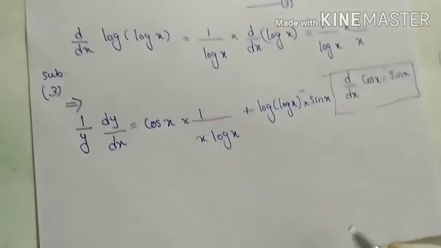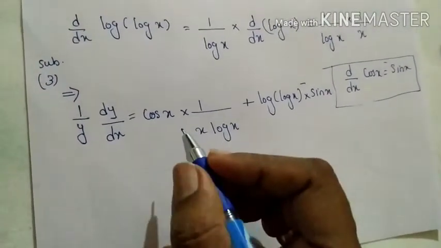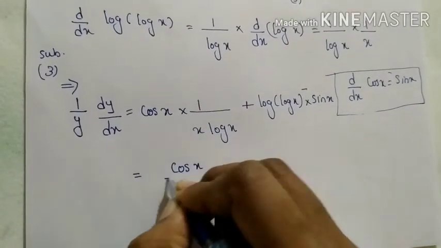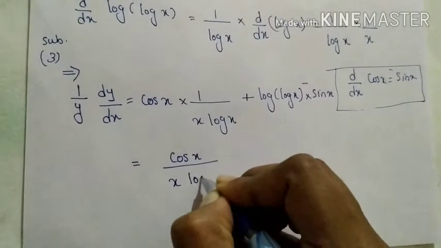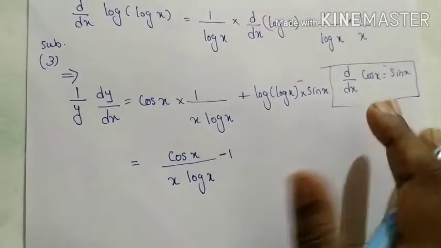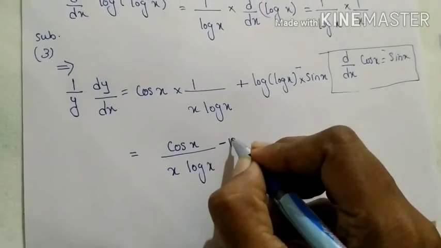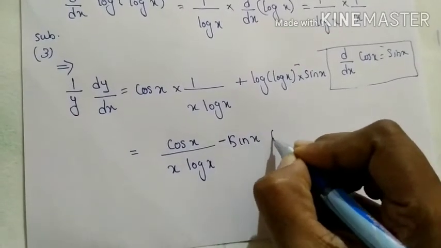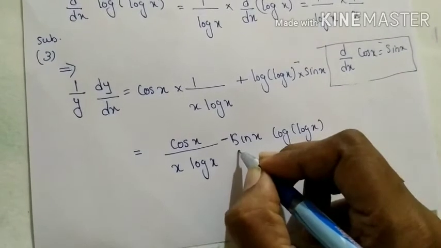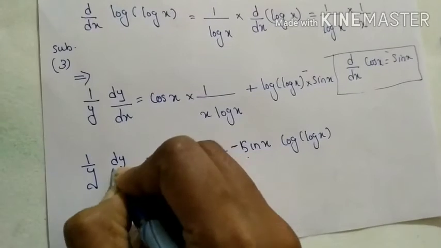So I write here. So rearranging this, we get cos x by x log x minus, this minus plus will become negative here, sin x into log of log x, okay, 1 by y into dy by dx.